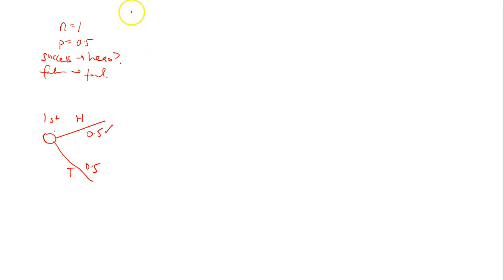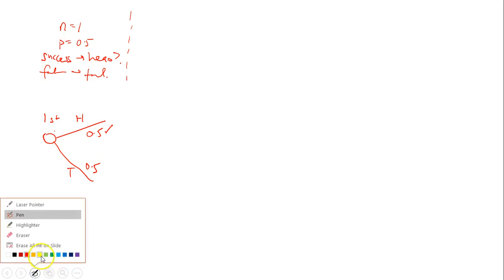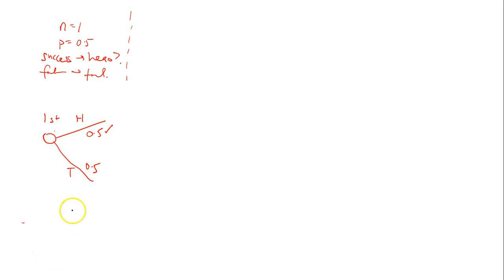Right, I could move this on a little. I could just go one step. Let's change the color. Okay, so I could have a scenario where I toss up a coin twice.